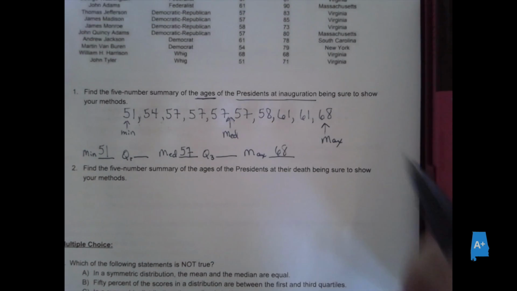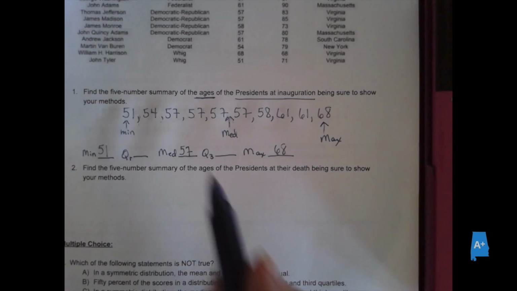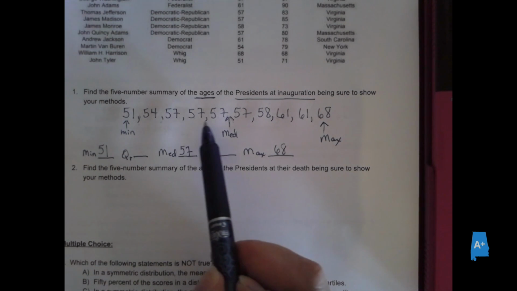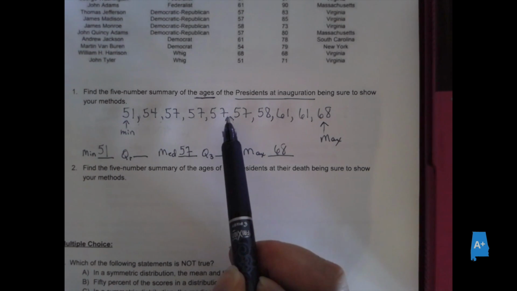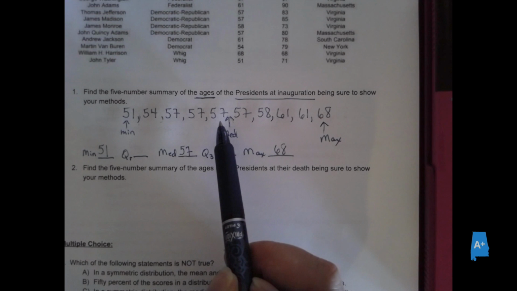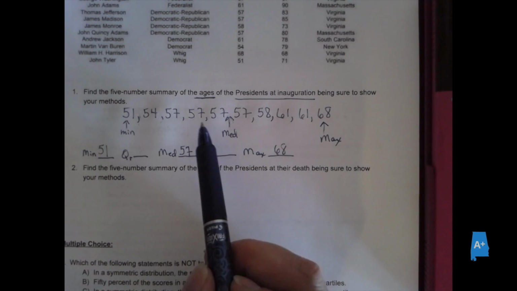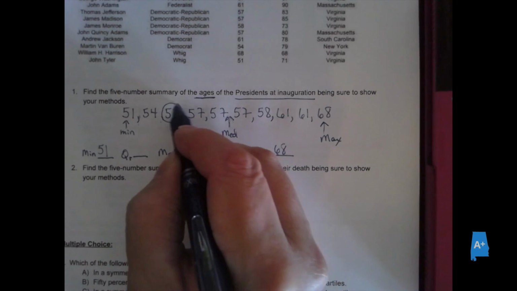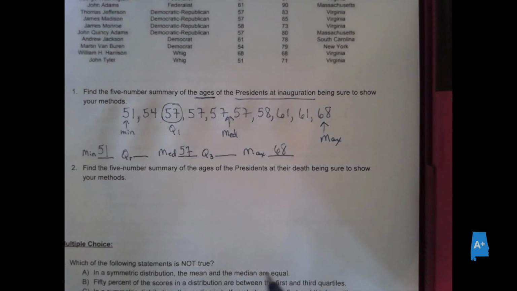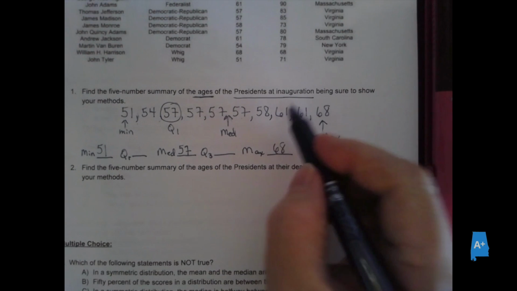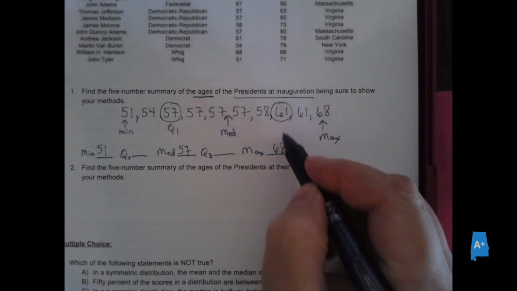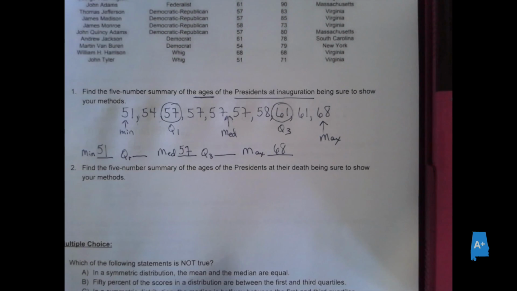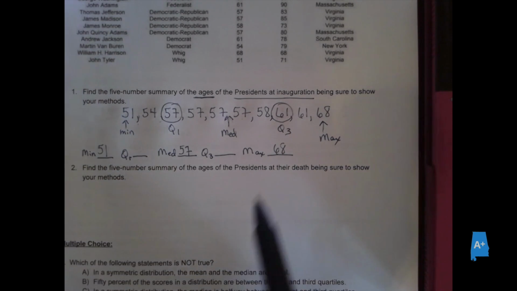So how do I find Q1 and Q3? Well, there are 5 numbers on the left of the median. And so I need the number in the middle of that. So if there are 5, then 1, 2, this number will be Q1. And 1, 2, this number will be Q3. So the number in the middle between the median and the max is Q3.